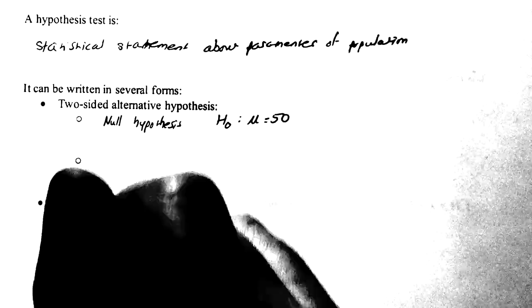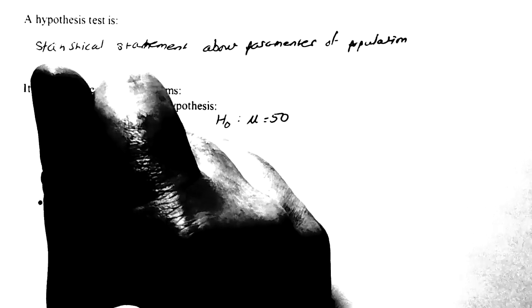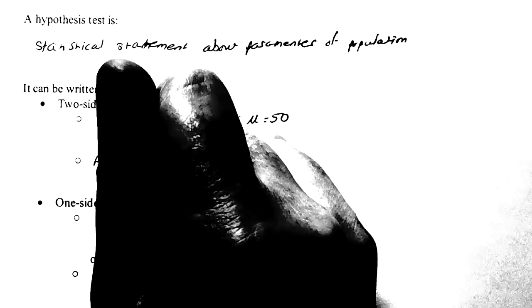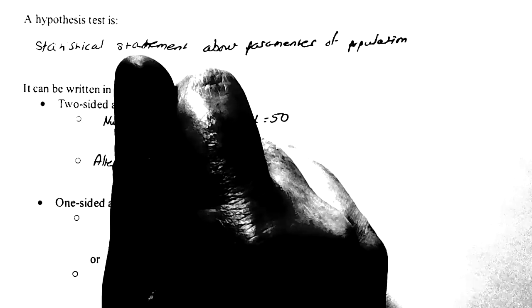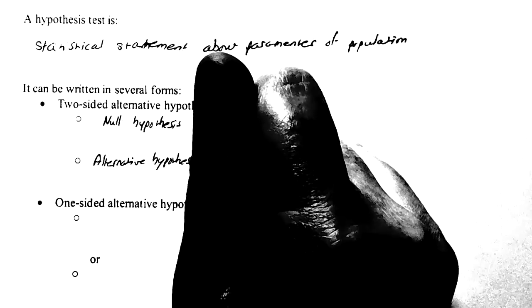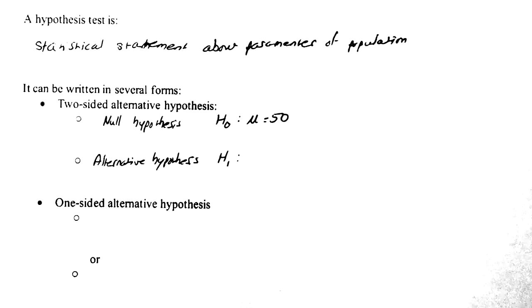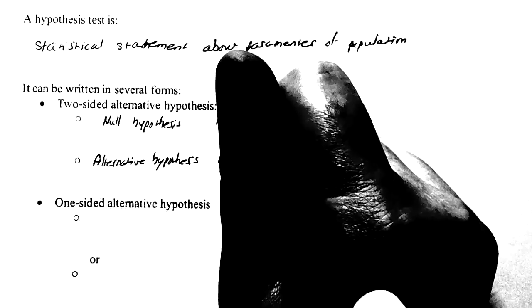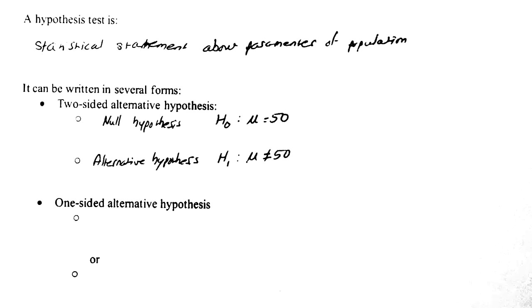Our alternative hypothesis is actually just that the mu is not equal to 50. And so we give that the designation H1, and it's not equal to 50. So a two-sided hypothesis is either equal or not equal.